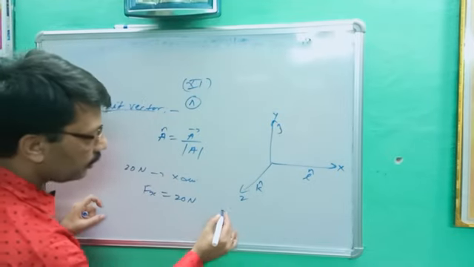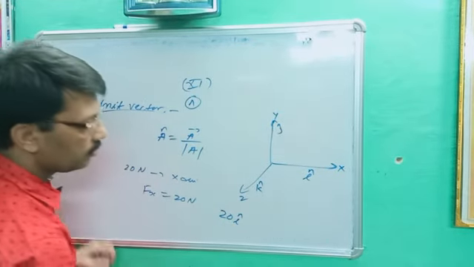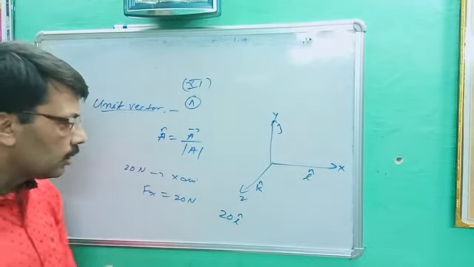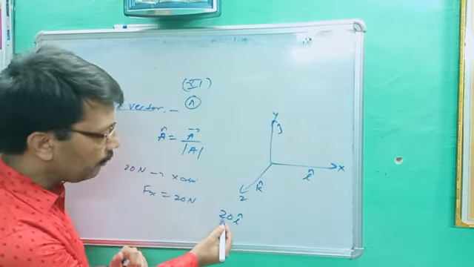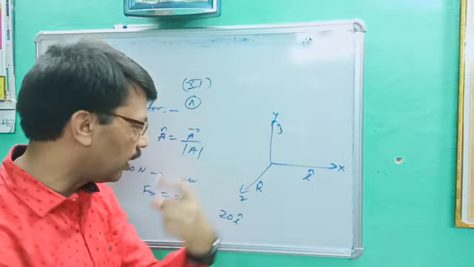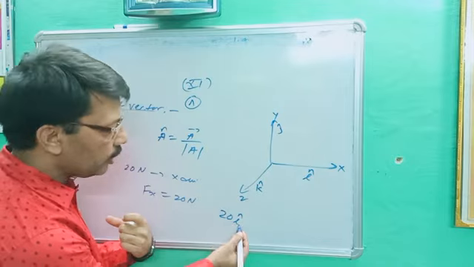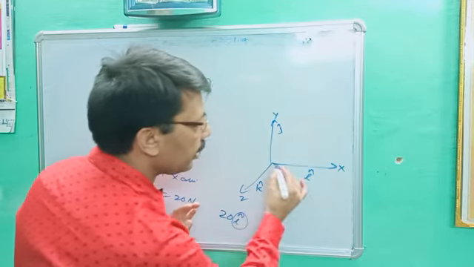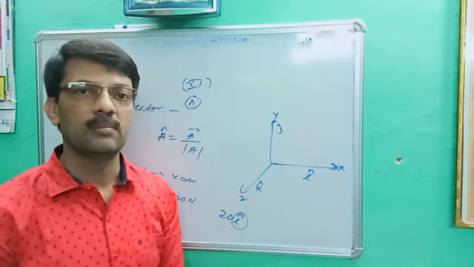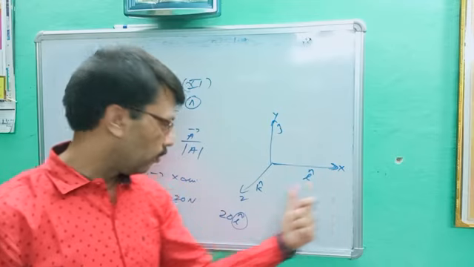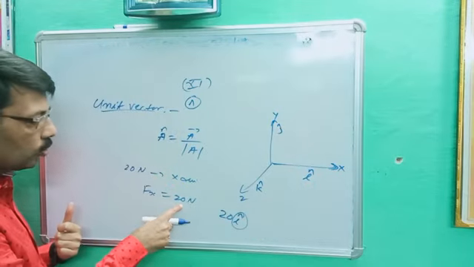If I write 20 i cap, tell me what will be the answer? You know i cap is the unit vector whose value is 1. If we multiply 20 by i, there will be no change in the original value, but i cap shows that the body is moving in x dimension. It tells us the direction of x, while here directly written Fx is equal to 20 Newton.